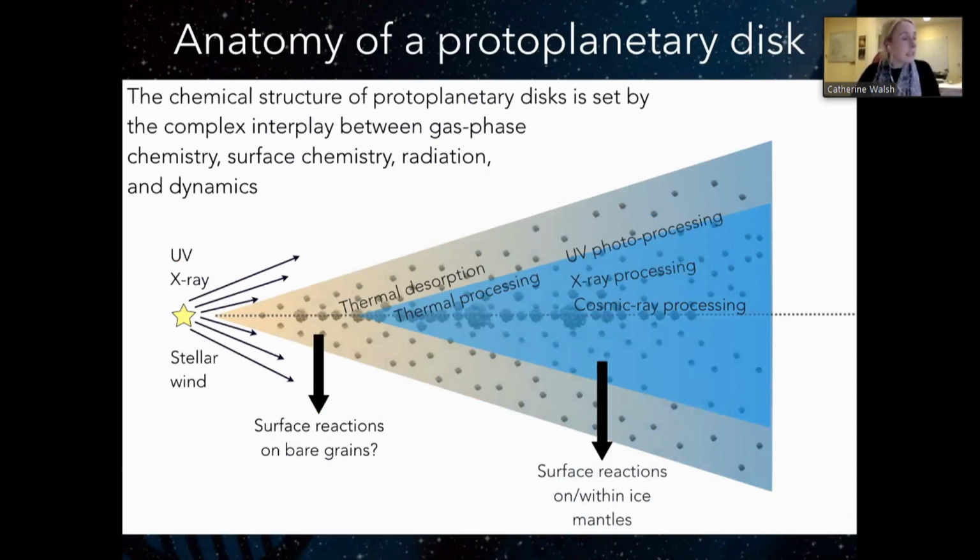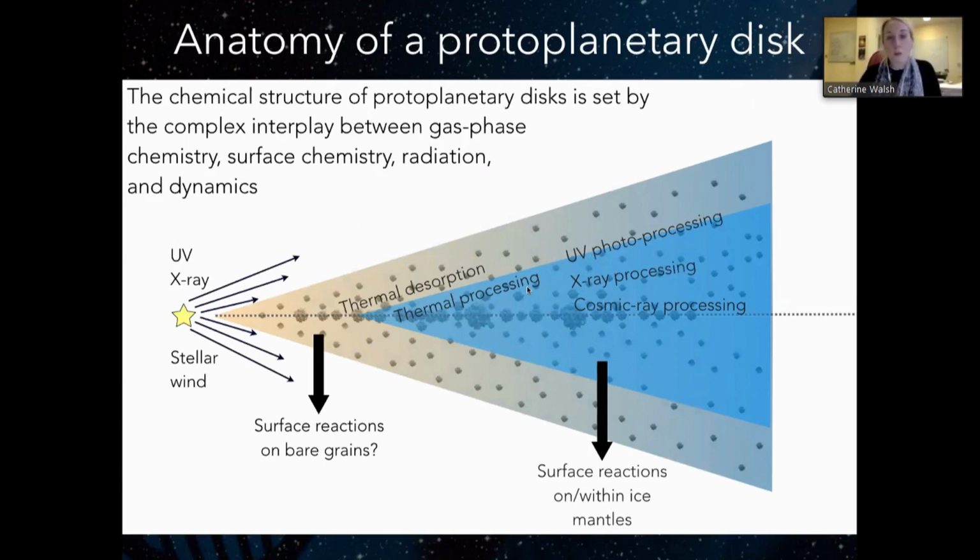So what is actually dictating the chemical structure of disks? We have a complex interplay between the gas phase chemistry in our disk atmosphere and surface chemistry in our disk midplane, either in our ice reservoir shown here in blue, or perhaps even on bare grain surfaces, which we know is important for the formation of H2. We have lots of different types of processing that can go on.